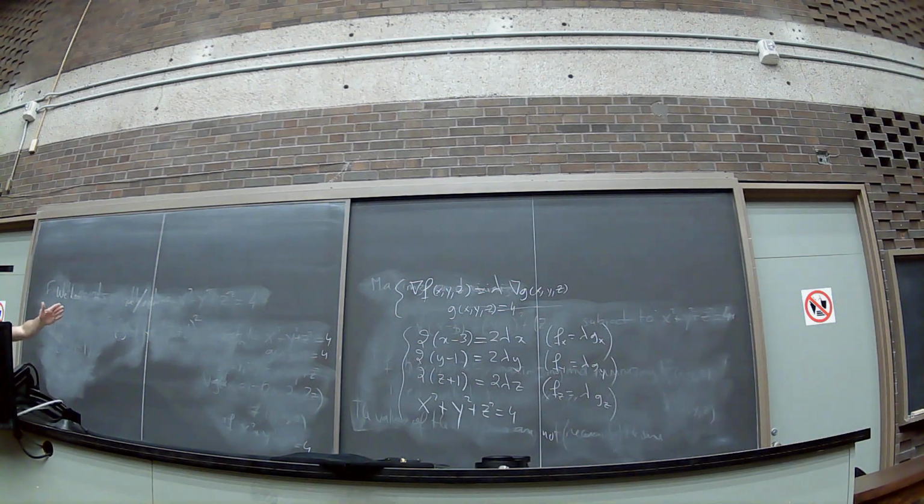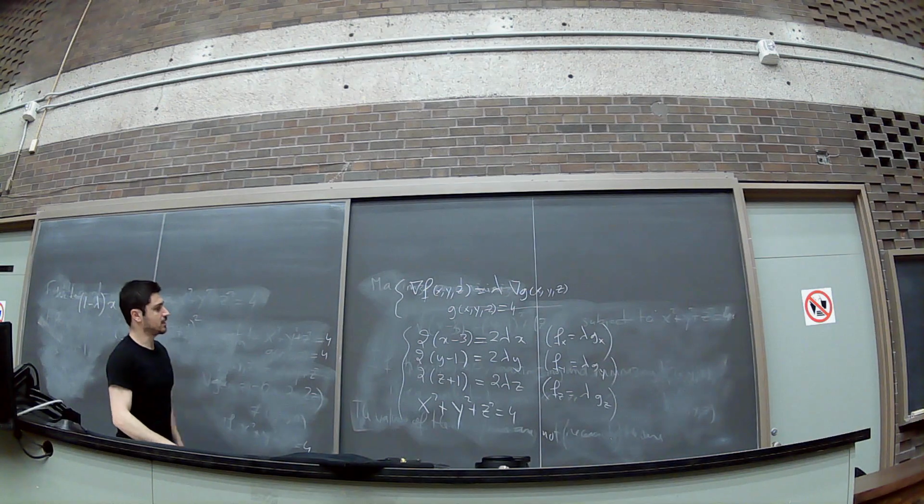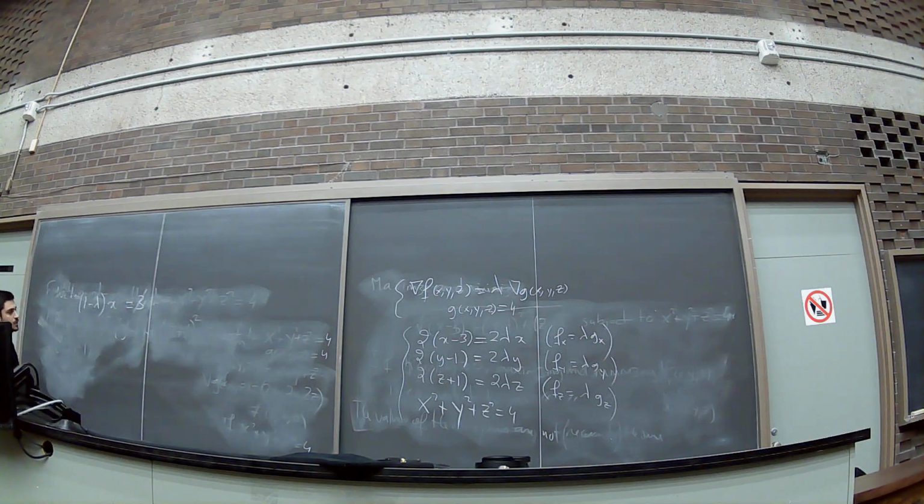So what is my x in terms of lambda? I get 1 minus lambda times x is equal to 3. Do you agree or not? So bring the lambda there.